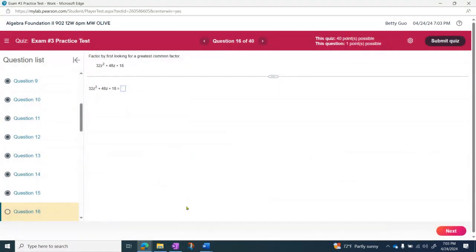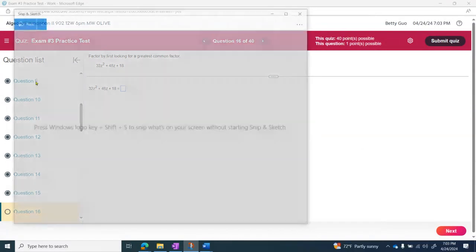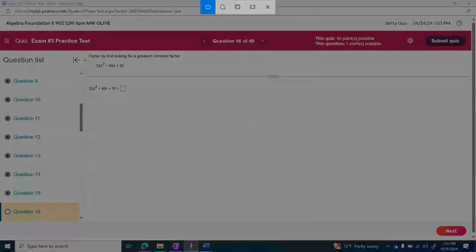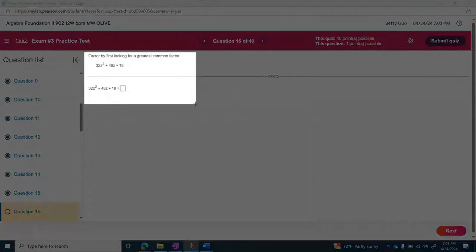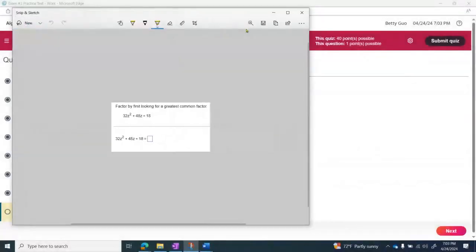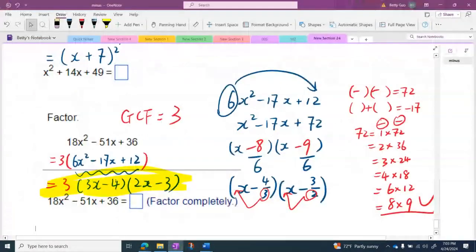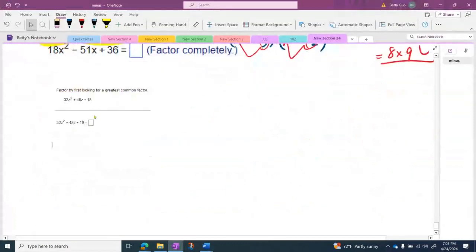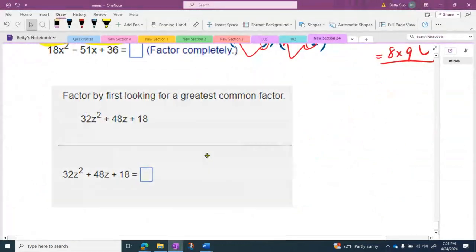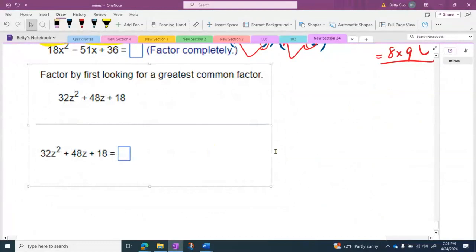Factor by first looking for a GCF. Let me copy paste. Okay, what's the GCF? We see 32, 48, and 18. GCF is 2.